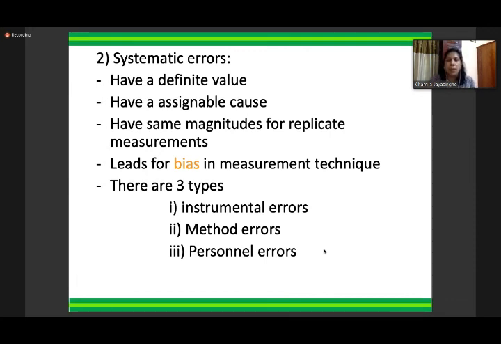The personal error is coming when taking the burette reading; many people get it wrong. If you have not kept your eye at that level, then you can't take the burette reading correctly. Sometimes with the pipette reading, if it is not a bulb pipette, personal errors can come.